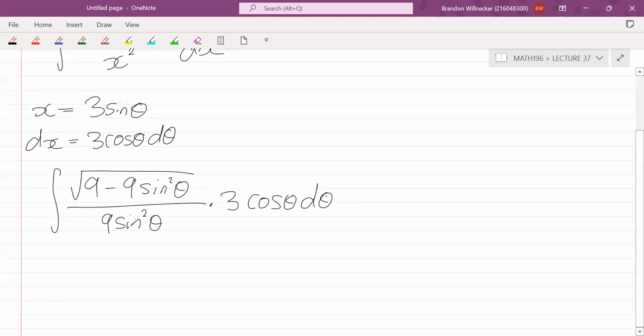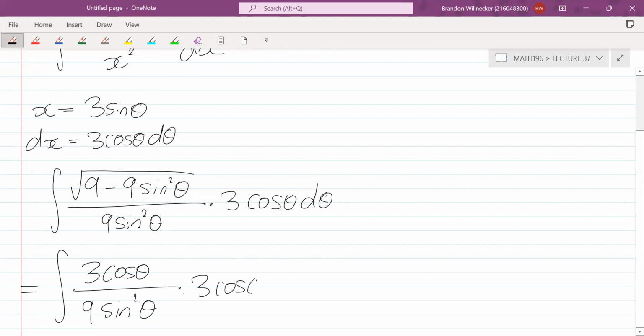So what does this all become now? The root will be 3 cos theta, because of the 1 minus sine squared becoming cos squared. So we're going to have 3 cos theta over 9 sine squared theta, and then we still have this 3 cos theta on the side.